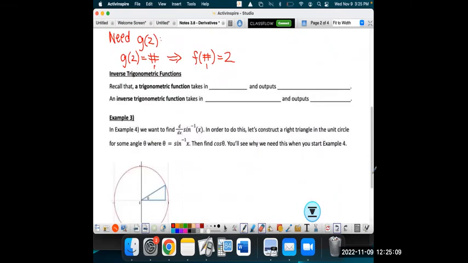So remember what a regular trig function takes in. If I do sine of theta, I'm technically putting an angle in, and what I get out is either a coordinate, if it's sine or cosine, or I'm getting a ratio of the coordinates.